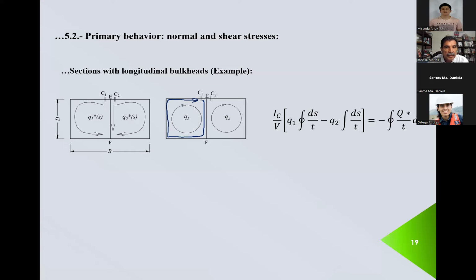So this is positive. But the Q2 goes in the opposite direction. So for the integration along the longitudinal bulkhead, we have to consider Q1 positive from here to here, and then we have to subtract because Q2 is going upward. That's why I'm using the negative sign here, but only in the longitudinal bulkhead.